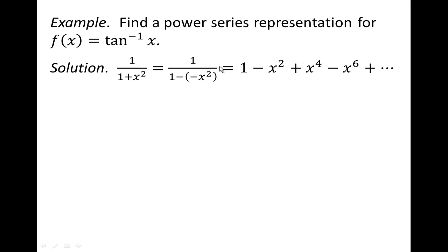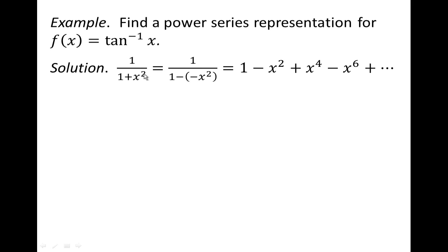And remember the form. Whatever I was subtracting from 1 in the denominator, it was 1 plus that thing, plus that thing squared, plus that thing cubed, and so on. So I'm going to end up with 1 plus the opposite of x squared, or that is 1 minus x squared, plus the opposite of x squared squared, which gives us positive x to the fourth, minus x to the sixth, and so on.